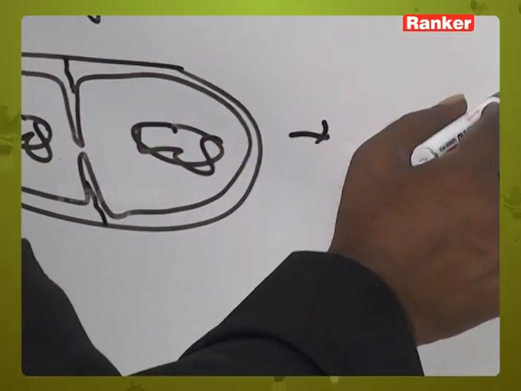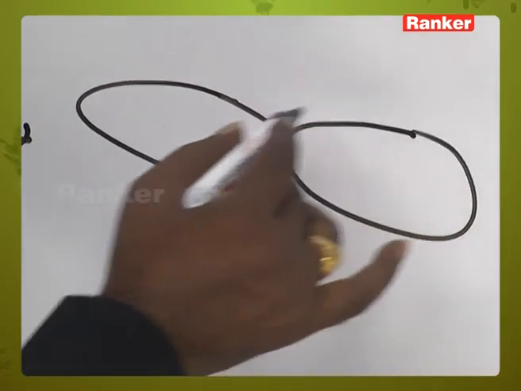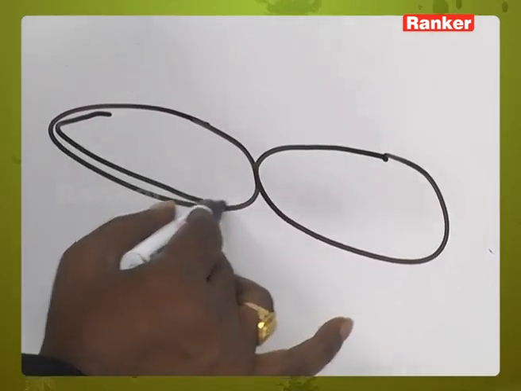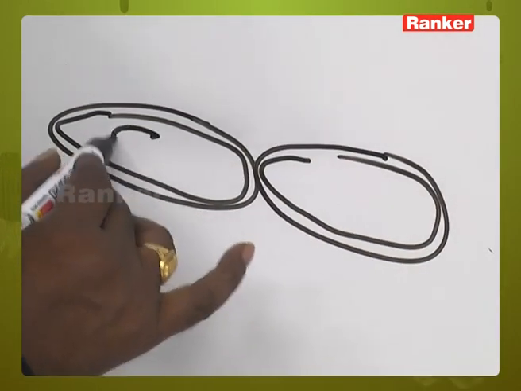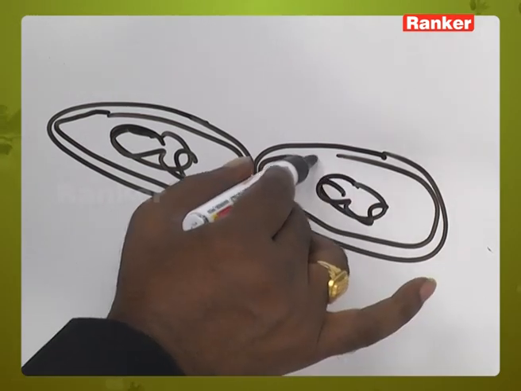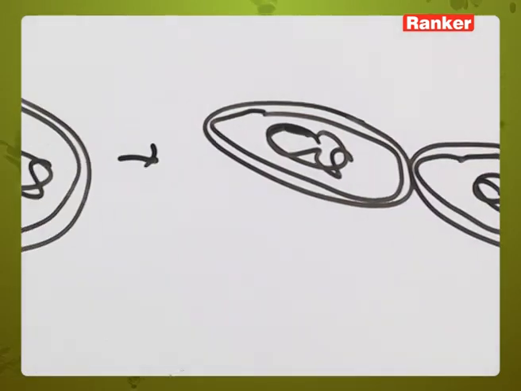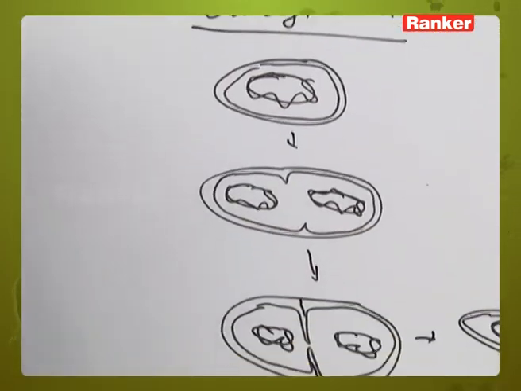Finally, 2 daughter bacteria are formed. Each bacterium has its own genetic material. In this, one bacterium divides into 2 bacteria.